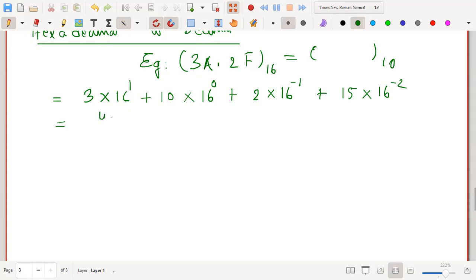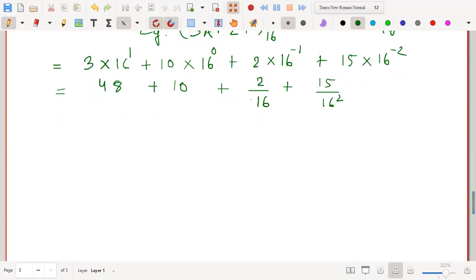Okay, so this is 48 plus 16 to the power 0 is 1, 10 into 1 is 10, plus here you will get 2 in the numerator and the denominator you can take, it would be 2 divided by 16 to the power 1, and 16 to the power 1 is just 16, plus 15 divided by 16 to the power 2. Fine. Okay, so now you just simplify this.